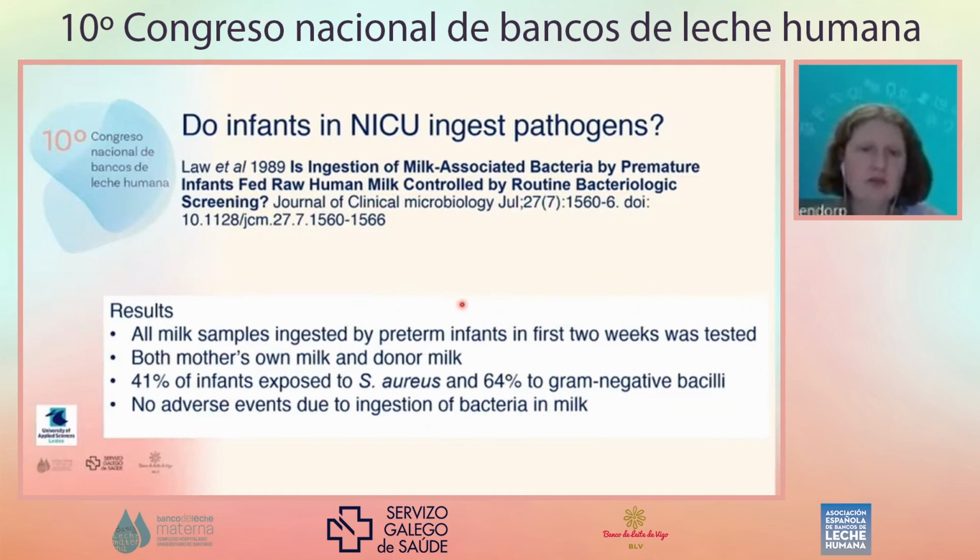They found that about 41% of the infants were exposed to S. aureus, which is a pathogen, and even 64% of the infants got gram-negative bacilli, for example, E. coli. But they didn't find any adverse events, so they didn't find any children becoming ill.